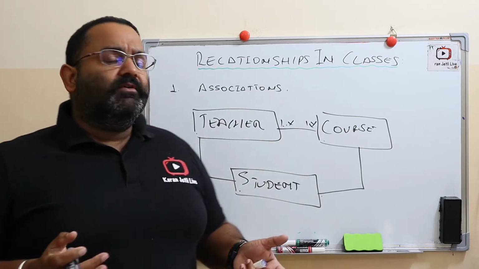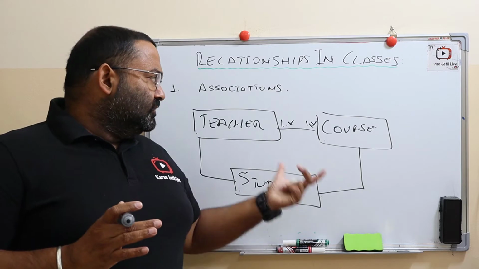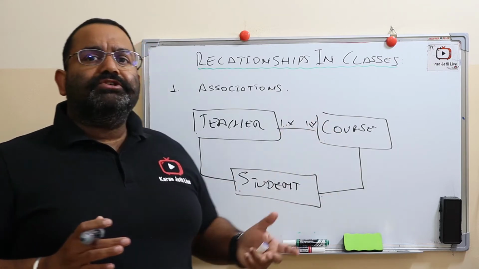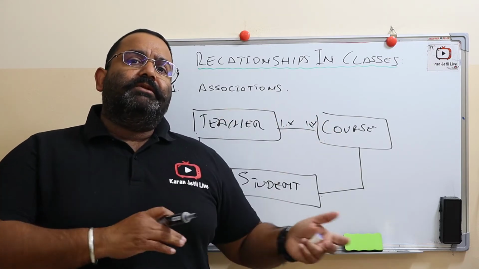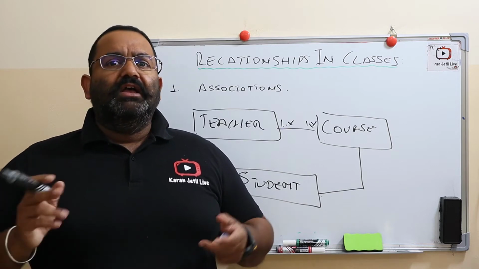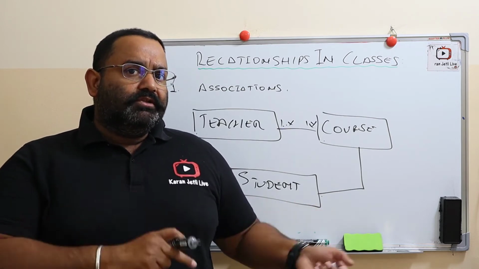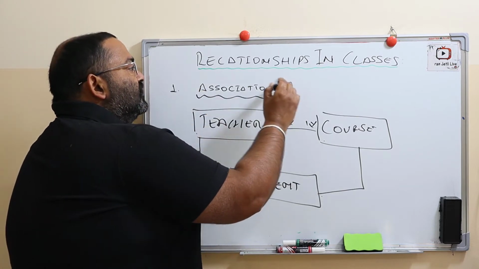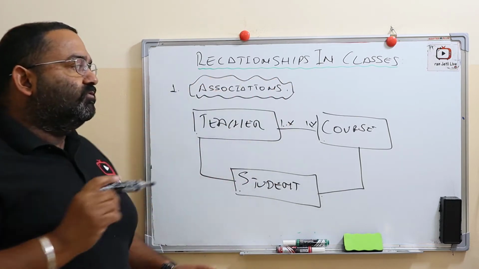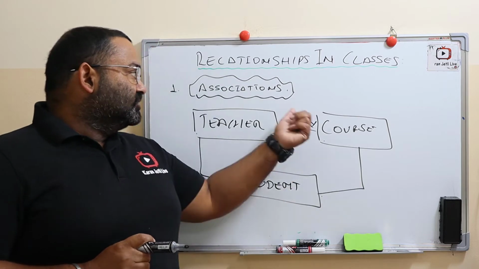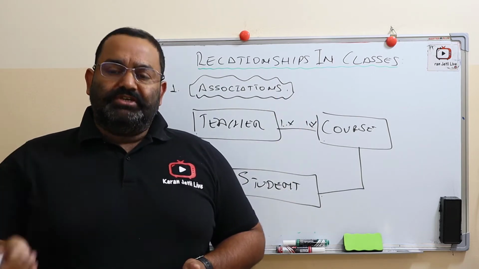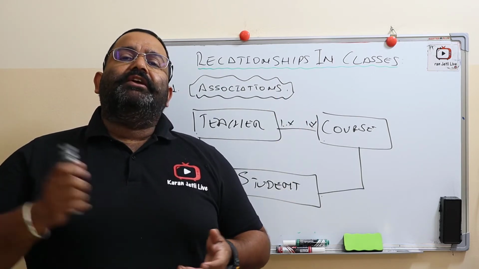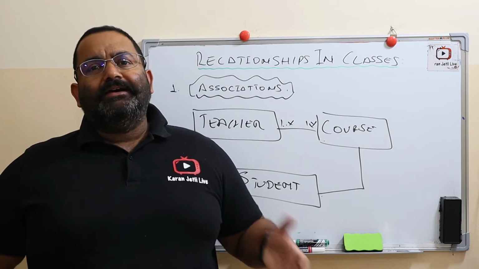So I have another video which explains association in detail with multiplicity and the mandatory relations. I will leave the link of that video in the description. So this is the first type of relationship the classes can have between each other, that is called association: how one class is related or associated to another class.